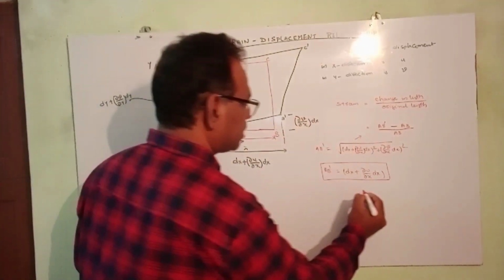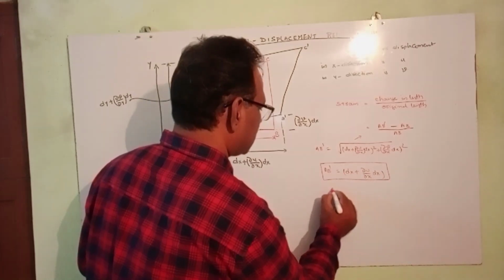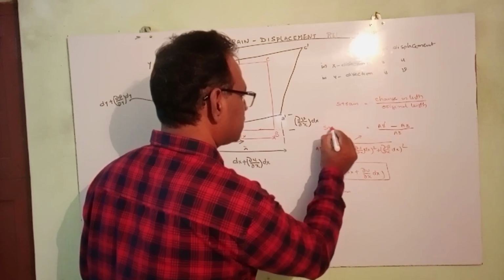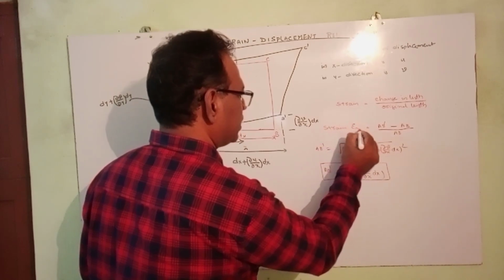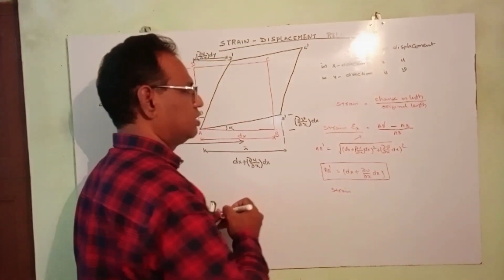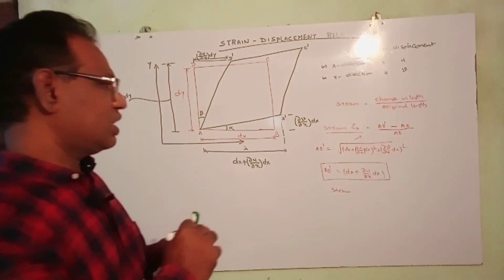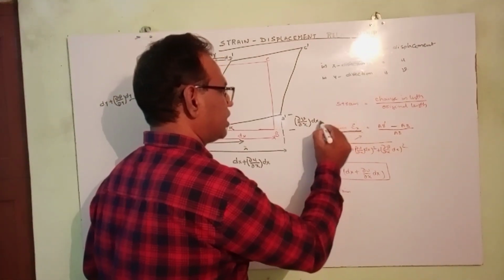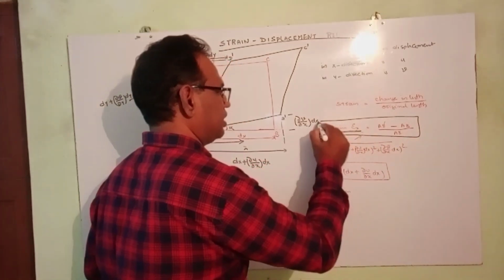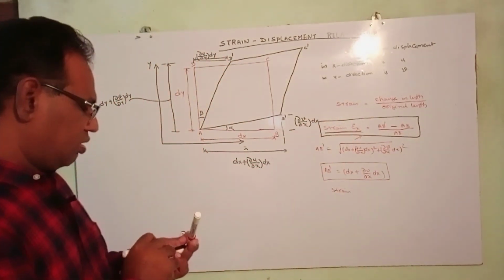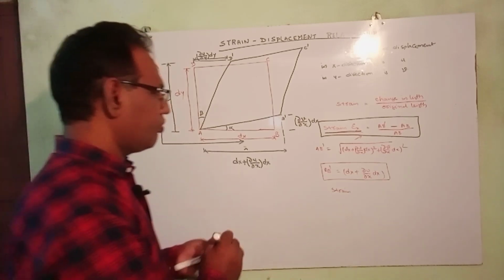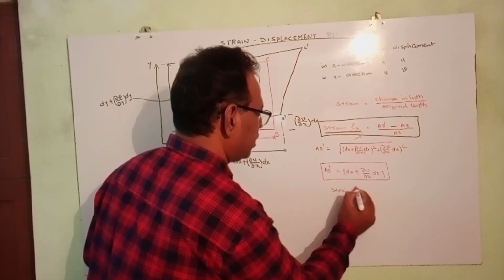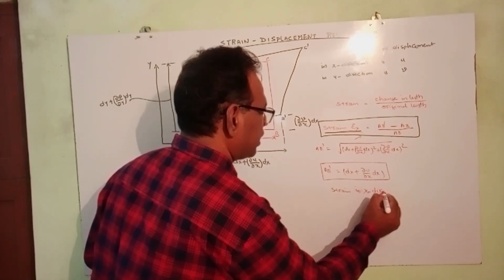So now substitute in this equation. This is the strain in the x direction, represented with epsilon x. This is a linear strain.